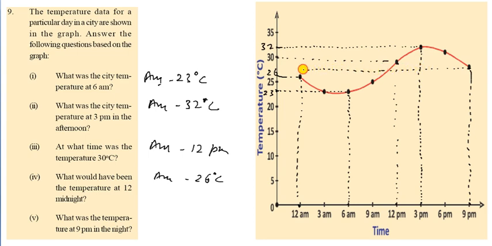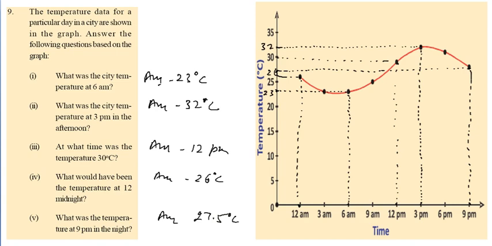It is here. This one is here. So that one is between 20 and 30, 27.5. So that answer is 27.5 degrees C. So these are the answers of your questions. So you can do very well.